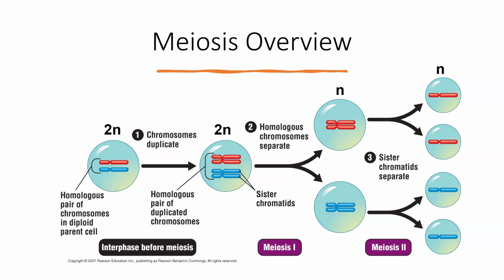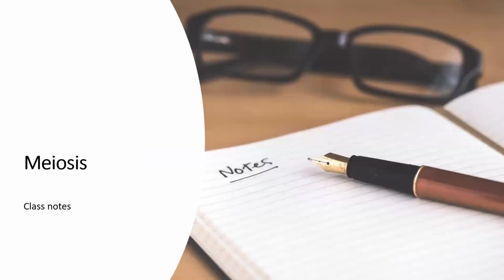It's going to split once, and then it's going to split again. And in the end, you're going to get up to 4 different cells. We started with how many chromosomes here, guys? 2, right? And how many chromosomes here? For each cell, 1, right? So you divide it by 2. Half the material. Got it? Okay. Meiosis.